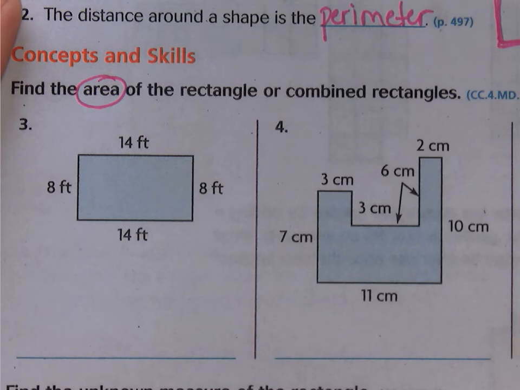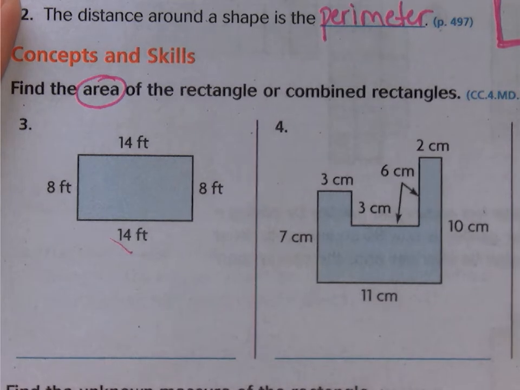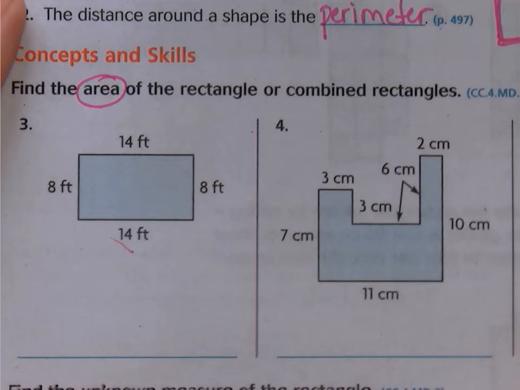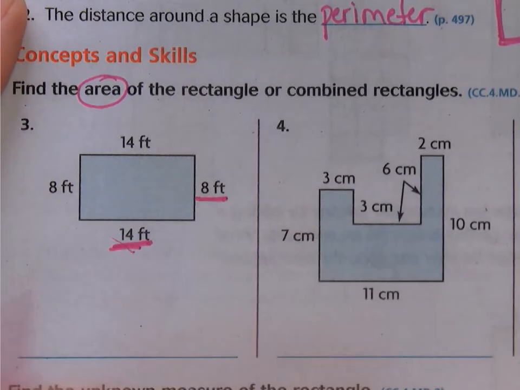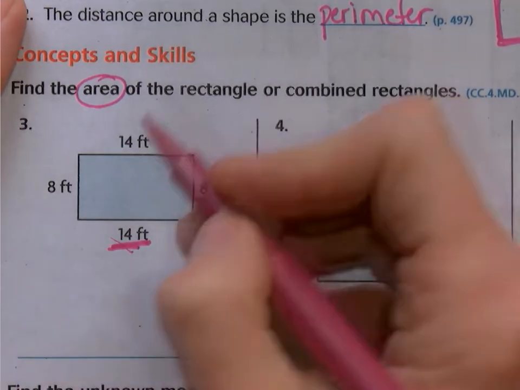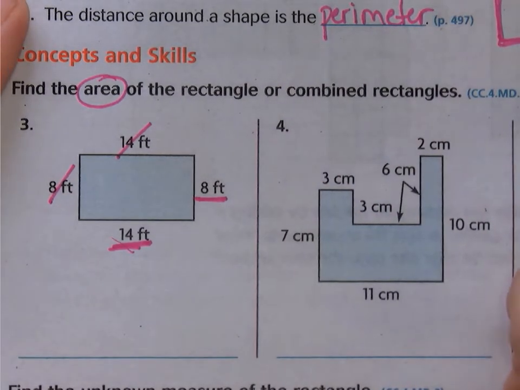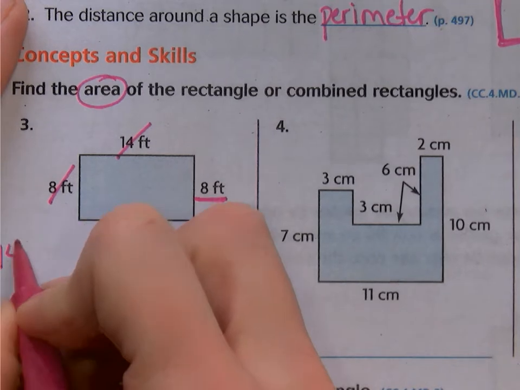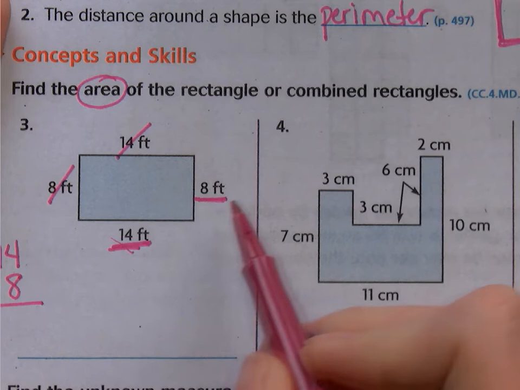Do I need all 4 sides for my area? Area is base times height, right? So my base is 14. My height is 8. They're kind of tricking you a little bit by throwing these extra ones in there for area, just seeing if you know your formula. So 14 times 8 is all we have to do to find this area.